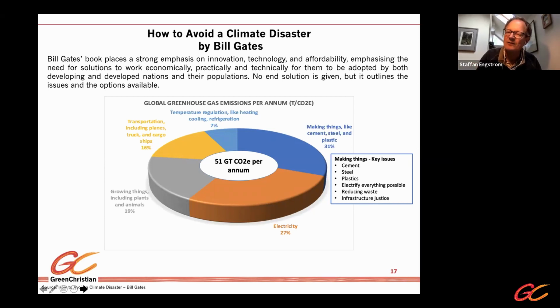And what's the answer? Well, electrify everything you can, reduce waste, and create some. But at the same time, he raises, remember that we've got our infrastructure. There's a whole bunch of people out there who are desperate to have a civilization and an industry and a living as well.